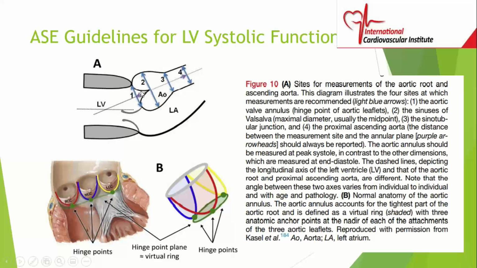You can see that this aortic plane is different from the plane of the LV. The dashed line depicting the longitudinal axis of the left ventricle, and that of the aortic root and proximal ascending aorta, are different. So it's important to understand that when we talk about the annulus, this is what we're talking about.